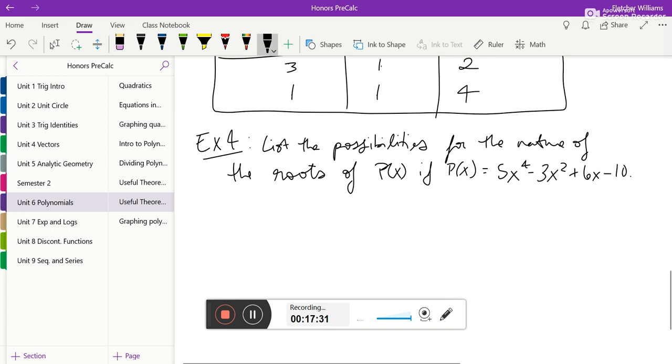So you try and do that one first, so pause it and then check your answer once you've tried it.